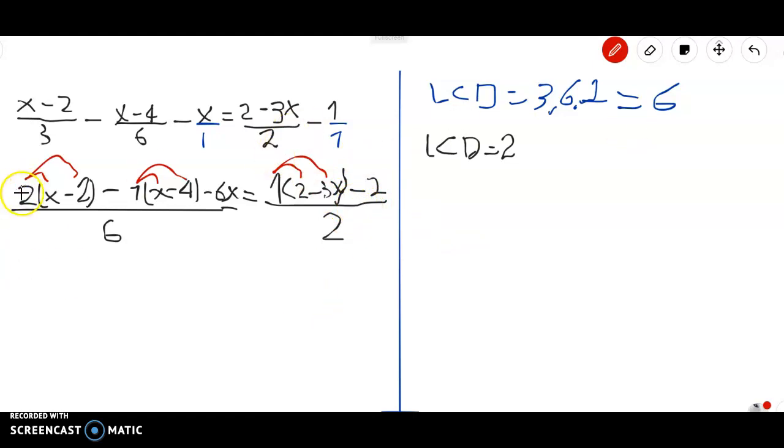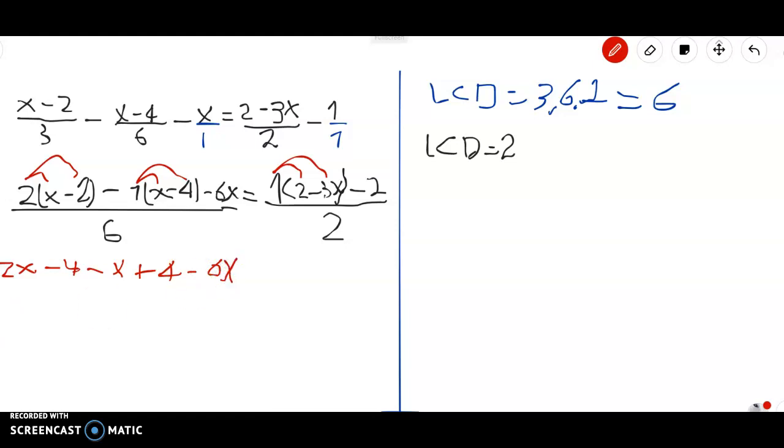So let's start. 2 times x makes 2x, 2 times minus 2 makes minus 4, and minus 1 times x is minus x, minus 1 times minus 4, be careful with the signs, so negative times negative makes positive, and minus 6x.